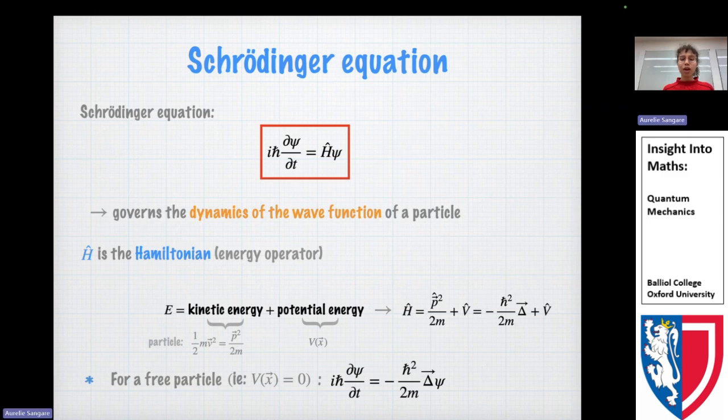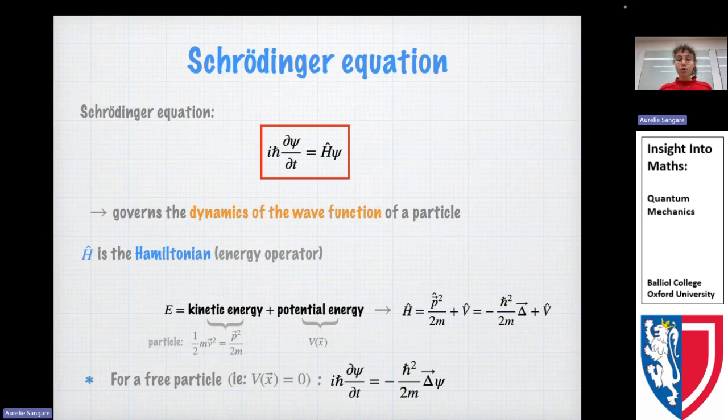And so just to end on an example of the Schrödinger equation, if we consider a free particle, meaning a particle for which the potential energy is zero, so it just has kinetic energy, then the Schrödinger equation reduces to i h bar multiplied by the partial derivative of the wave function psi with respect to time is equal to minus h bar squared divided by 2m times Laplacian of psi.